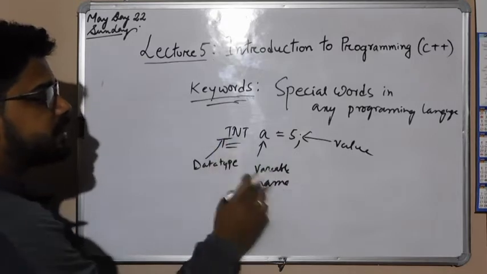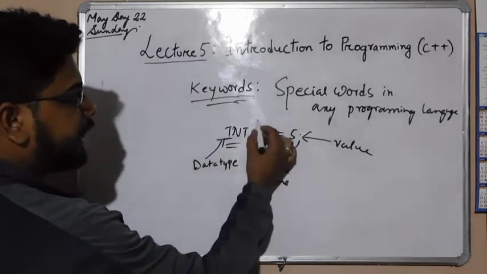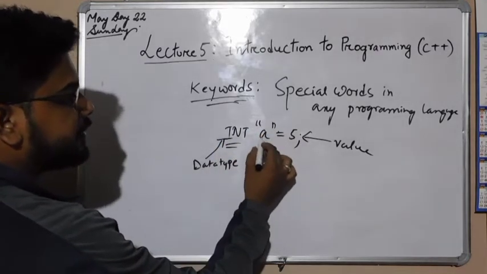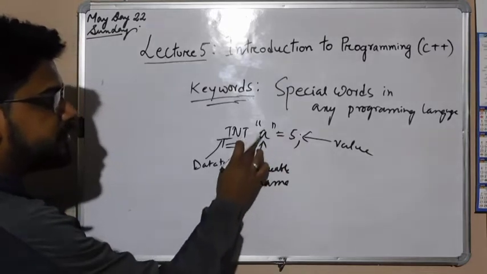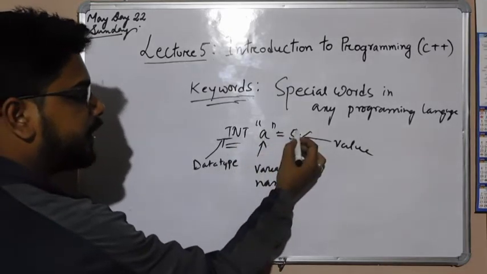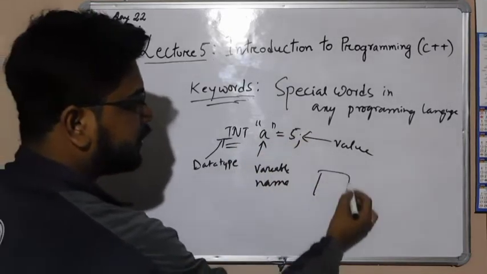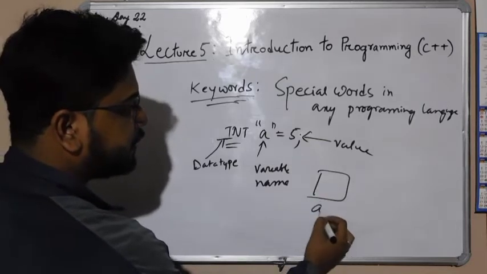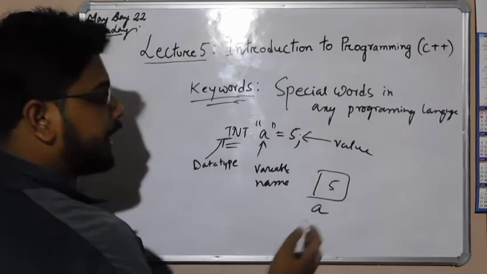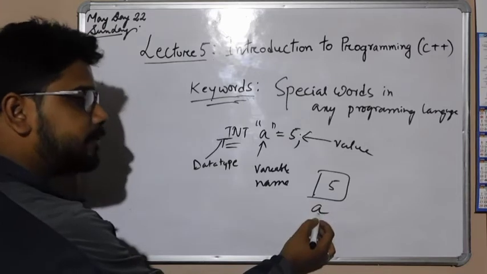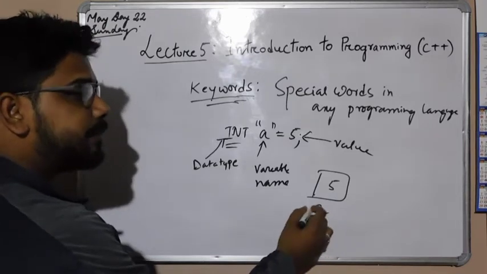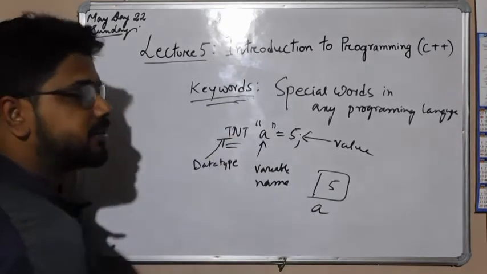Now what I mean to say is that I can put any name here. This variable a has the value 5. That means this is the variable a which has a value 5. Now I can give any name to this variable, except you cannot put any keywords as the name.